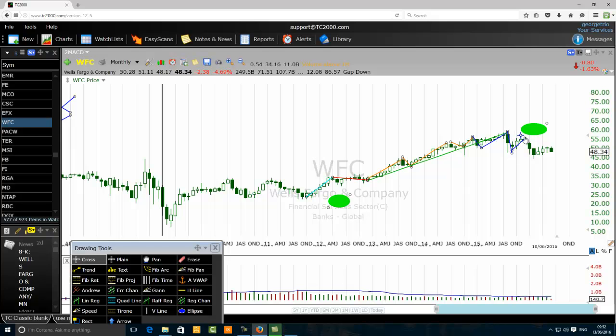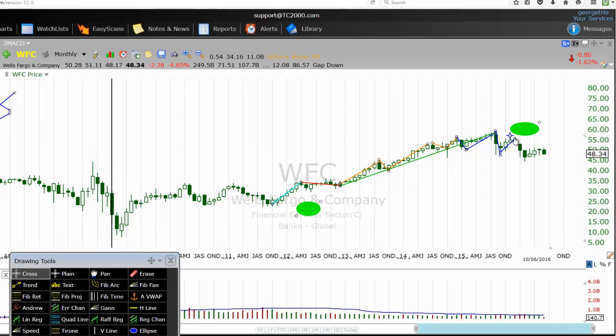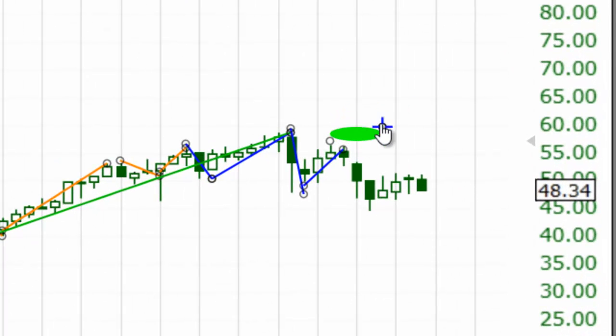This is not my wave analysis. It's another Elliott wave analysis from a different viewpoint. So in that case, we have an Elliott wave failure because the fifth wave, in this case, did not exceed the high of the third Elliott wave.